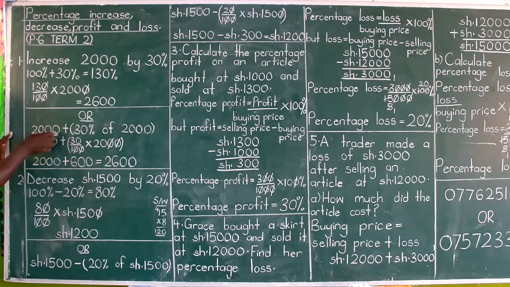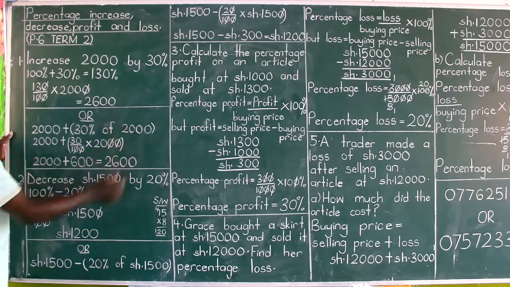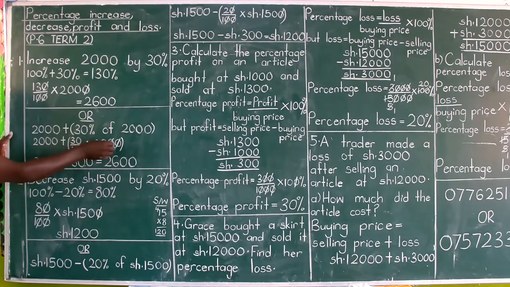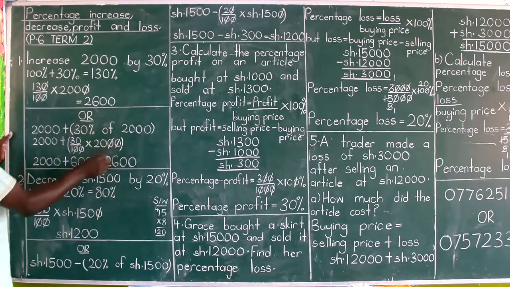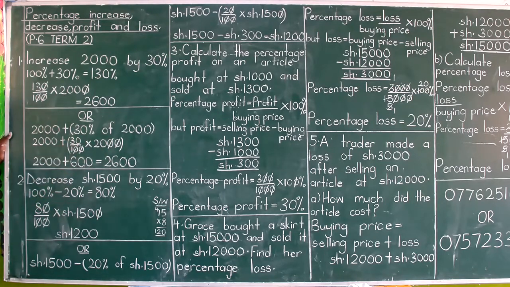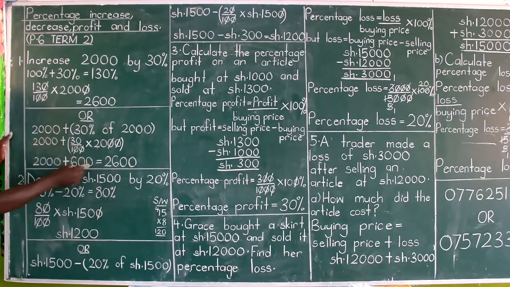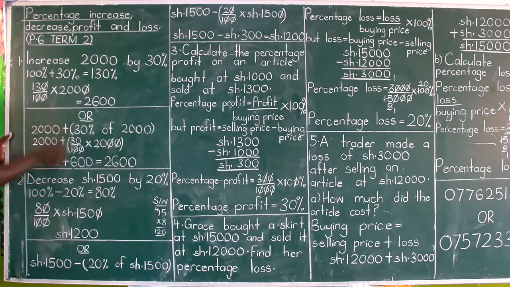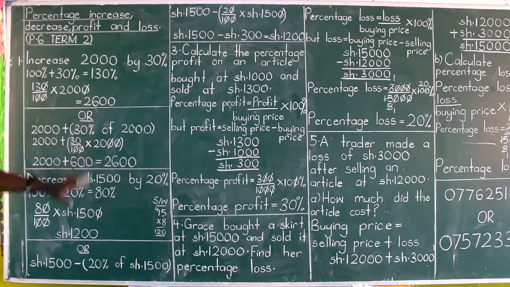That's 2,000 plus 30 out of 100 times 2,000. You cancel by 10 by 10 by 10 by 10. The remaining is 30 times 20, where 3 times 2 is 6 and then these 2 zeros come. So 2,000 plus 600, you get the same answer, 2,600, like we got before. So those two are legally acceptable. Use any of those two and you reach the answer.